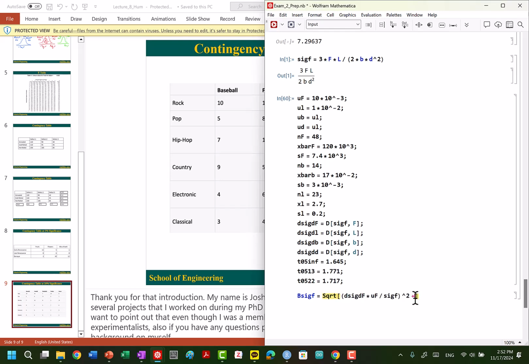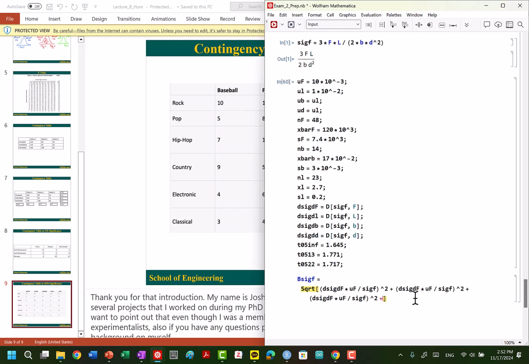So F, L, B, D. Okay, excellent. F, L, uncertainty in L, dB, uncertainty in B, uncertainty in D, dD.